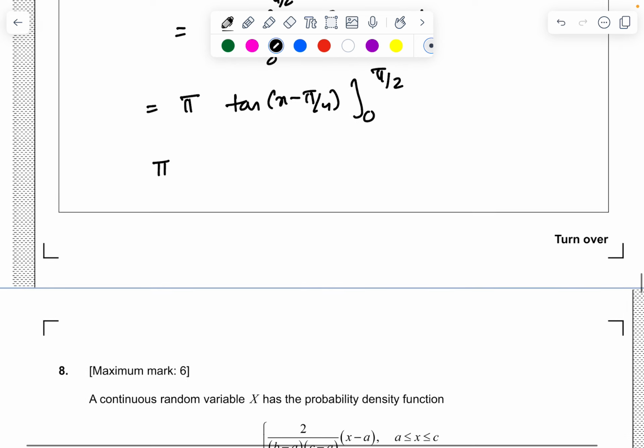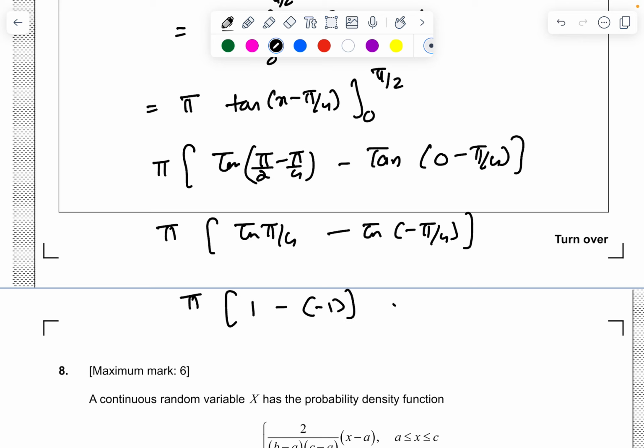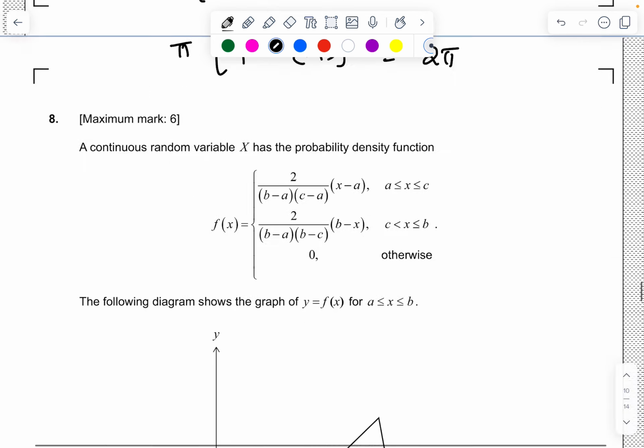Plug in the values now. Pi times tan of pi by 2 minus pi by 4, minus tan of 0 minus pi by 4. So which becomes tan pi by 4 minus tan of minus pi by 4. So tan pi by 4 is 1, minus of minus 1. So it's going to be nothing but 2 pi. So the answer is 2 pi.